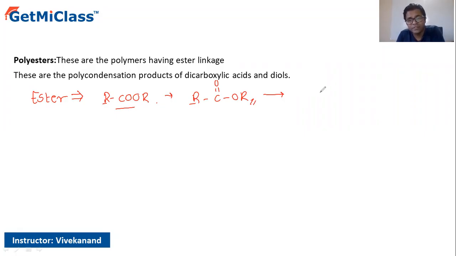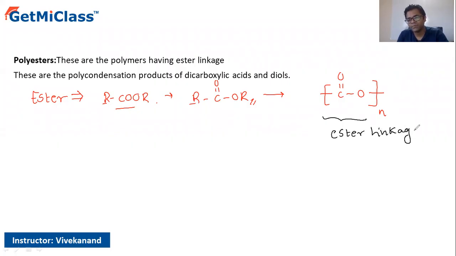The ester linkage is C double bond O with O, and this section continues n times. A molecule or polymer containing these linkages, we call a polyester, and this linkage is called an ester linkage.